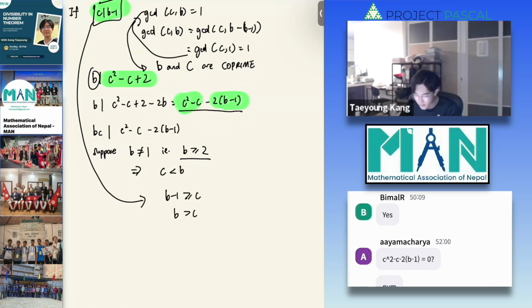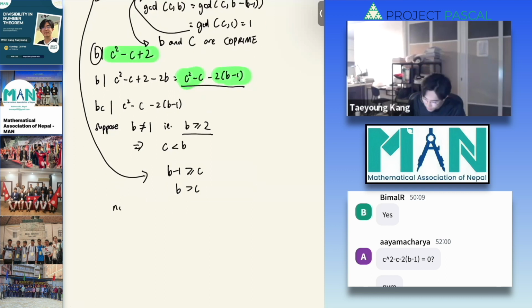And what happens if B is larger than C? Note, BC is strictly larger than C squared. Do you guys agree? And what more is that C squared is also strictly larger than C squared minus C minus 2(B minus 1), correct?